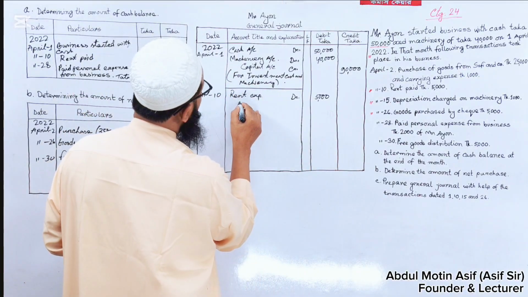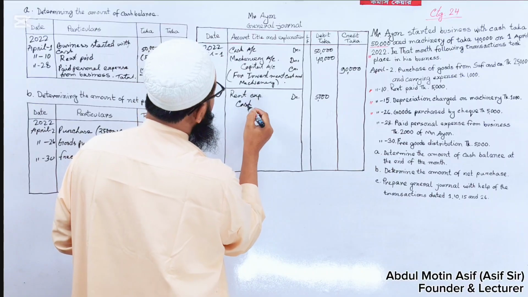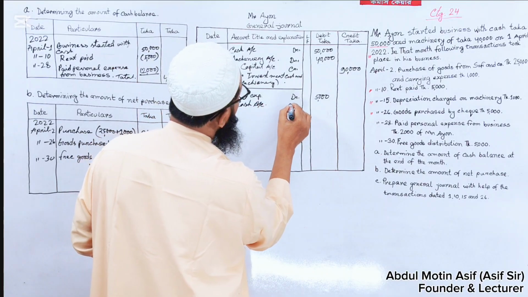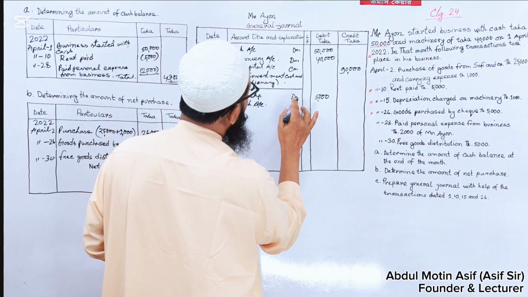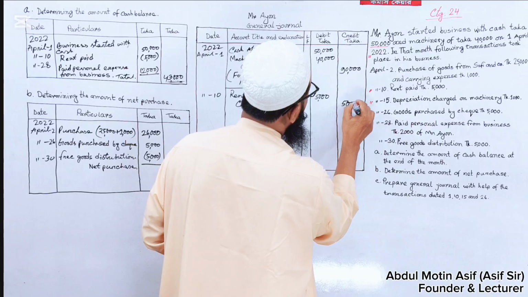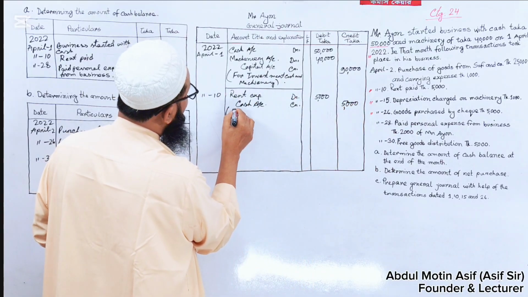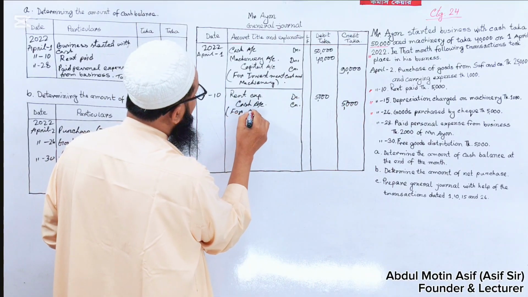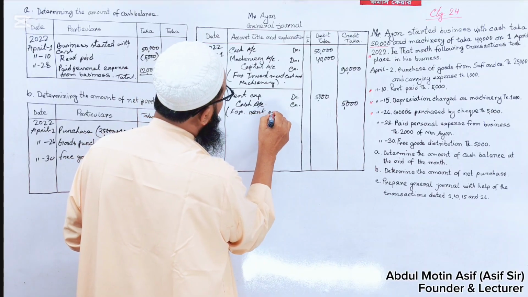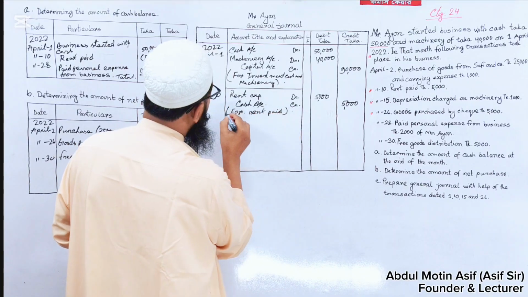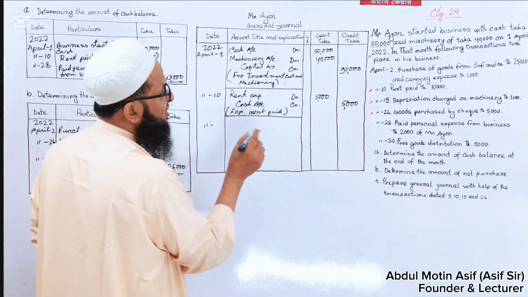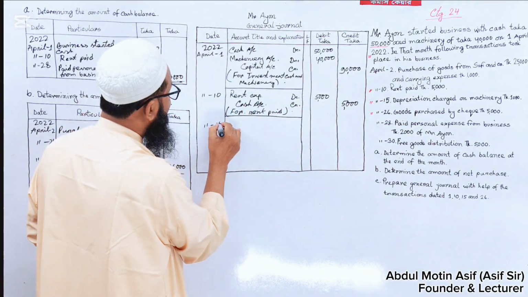For that, cash account credit. Cash asset decrease is credit. Cash account credit 5,000, for rent paid.